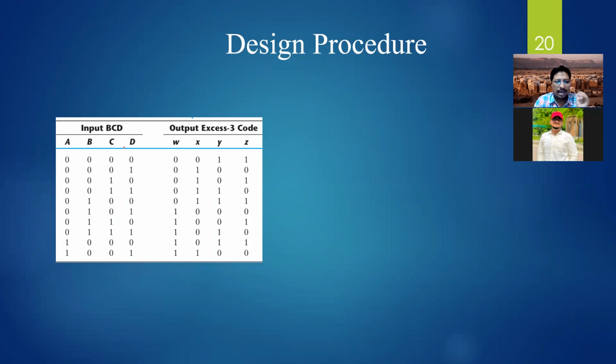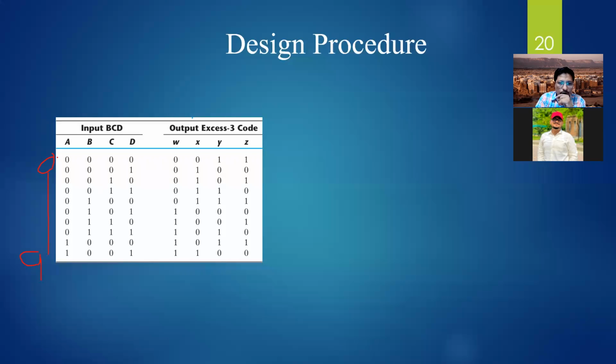First step: BCD is basically 4 bits, so it goes from 0 to 15, but I am interested only in 0 up to 9, not any more. The other ones I can consider as don't care.